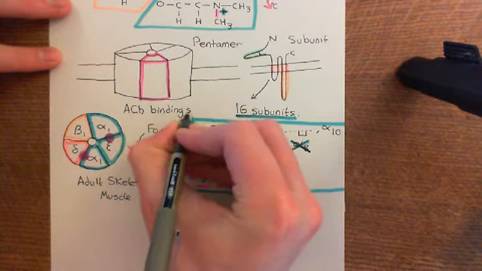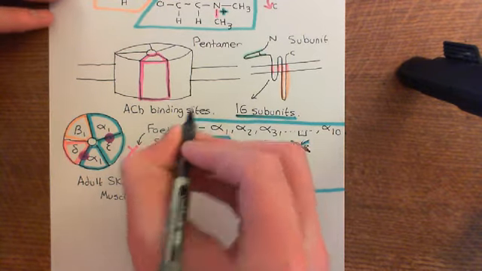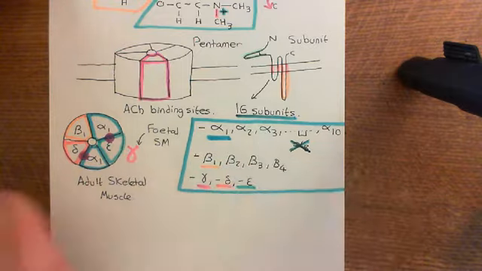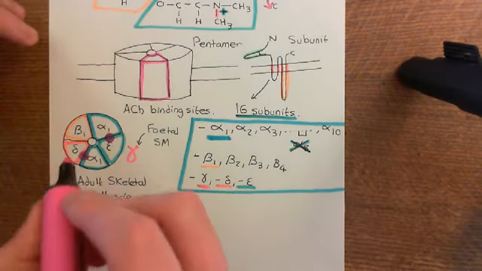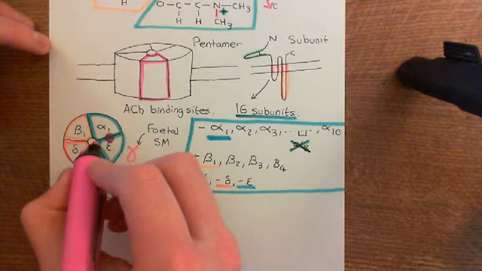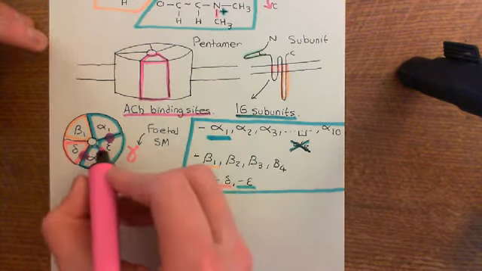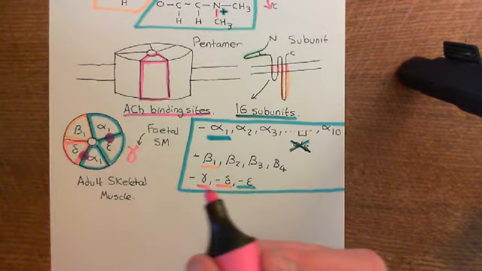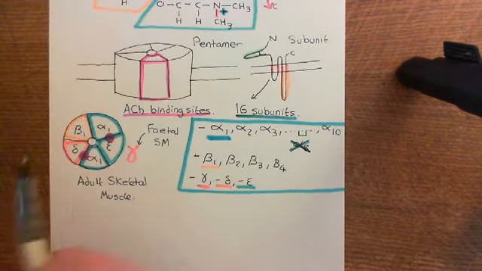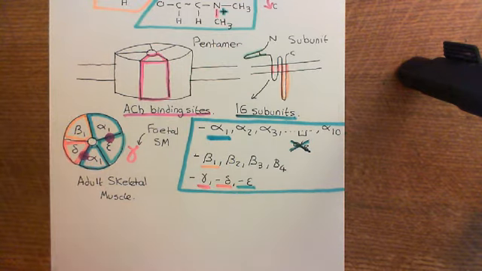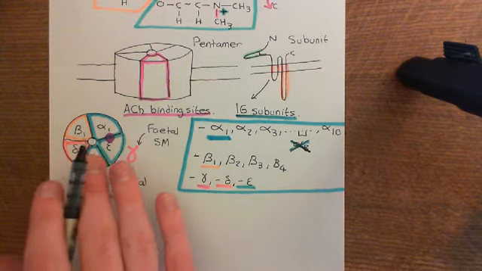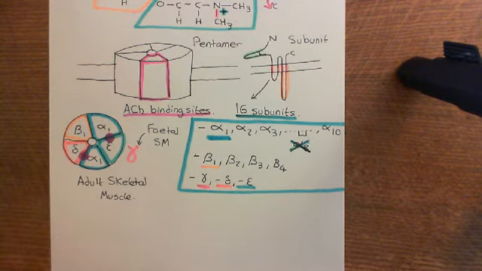So when acetylcholine is released by the presynaptic neuron into the synaptic cleft, it will diffuse across, and it will bind to these acetylcholine binding sites on the nicotinic acetylcholine receptor, and the receptor will then open and the pore will become much wider, and it will then allow sodium ions from the extracellular fluid to come into the cell, which will cause excitation of that postsynaptic cell, whether it's a skeletal muscle cell or some other type of cell.